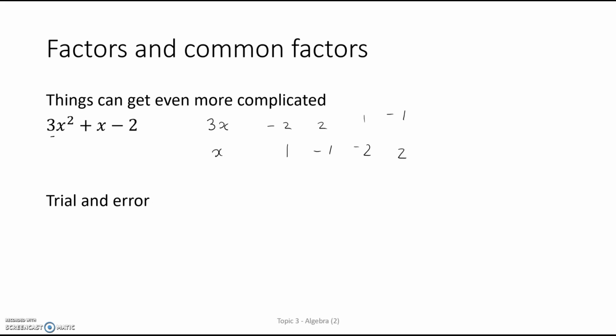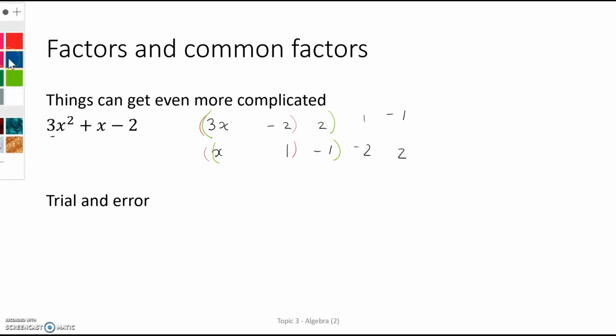Now, all we need to do is just start trying pairs to see what works. We could try 3x minus 2 and x plus 1. Or we could try 3x plus 2 and x minus 1.